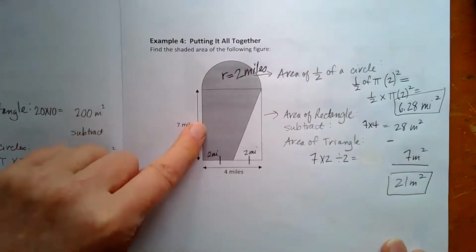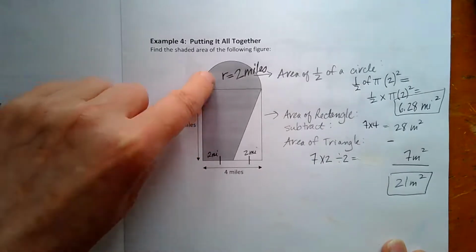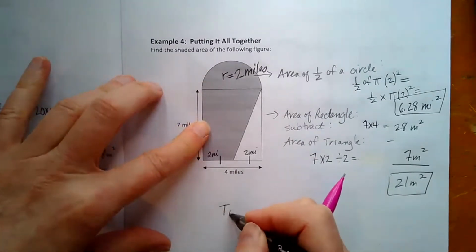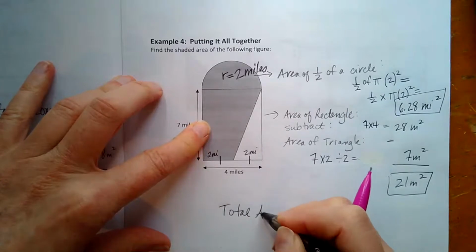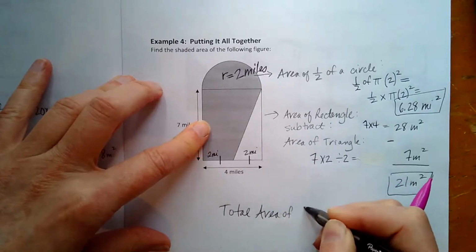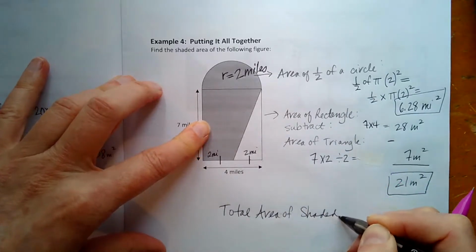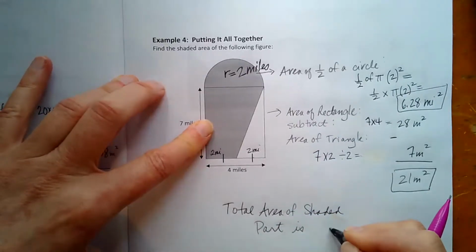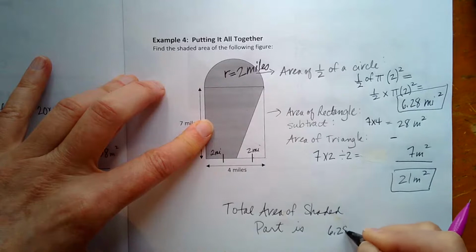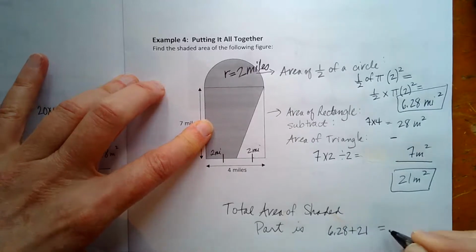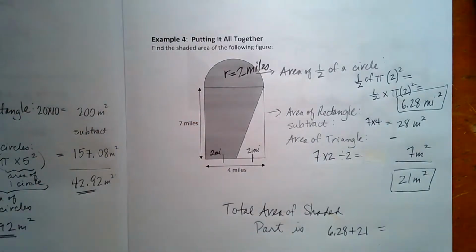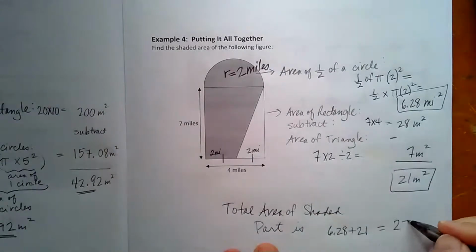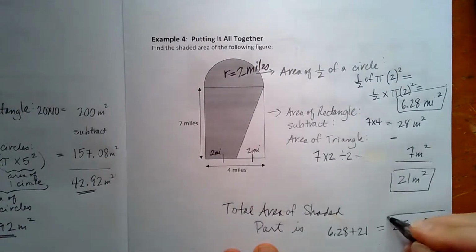So now I've got my weird shape and my half circle shape. So total area of shaded part is 6.28 plus 21, 27.28 miles squared.